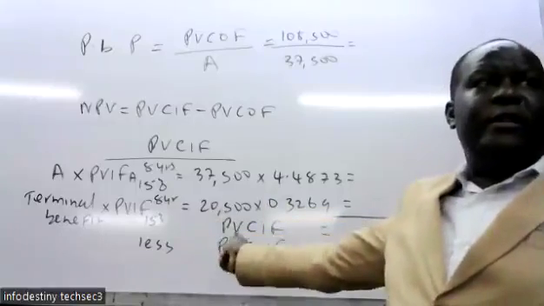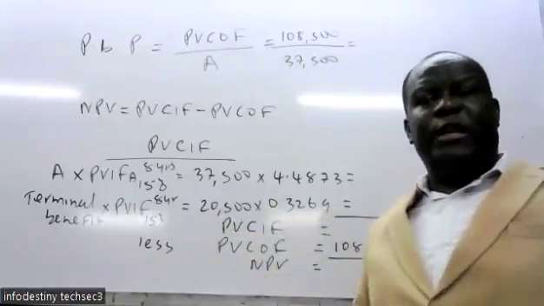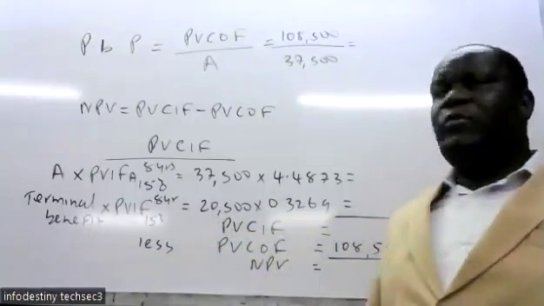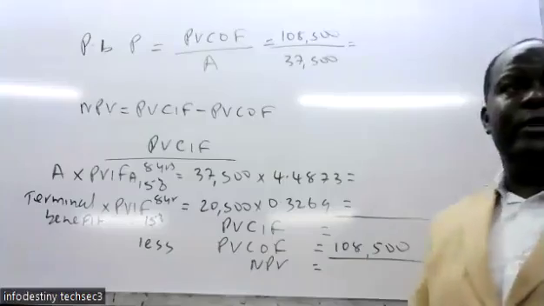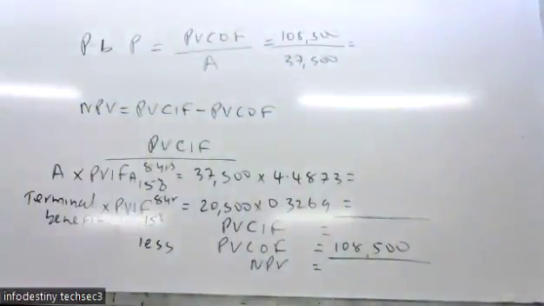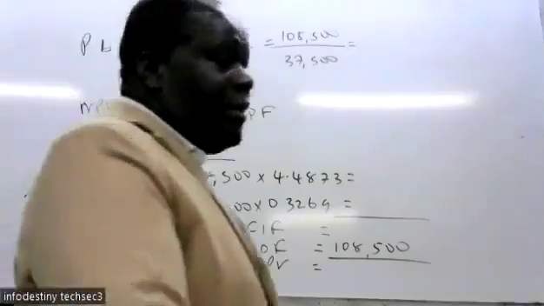We have already calculated NPV. So we recalculate NPV again to get a negative. To get a negative, we use a higher value. This one we have used 15%. So we need a higher one.